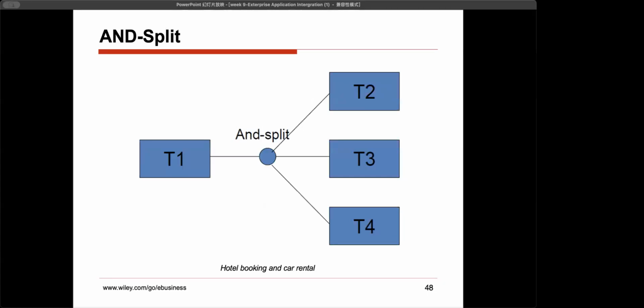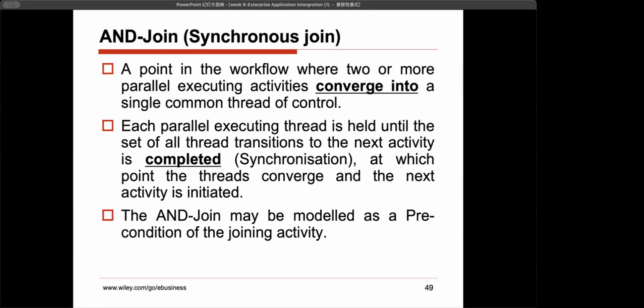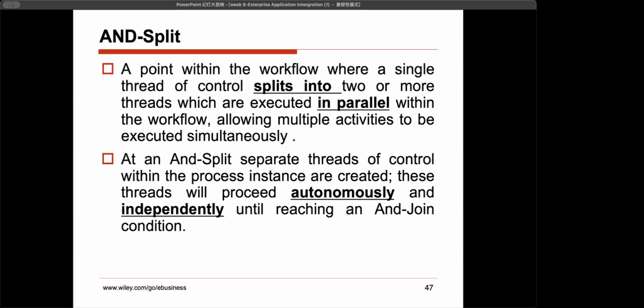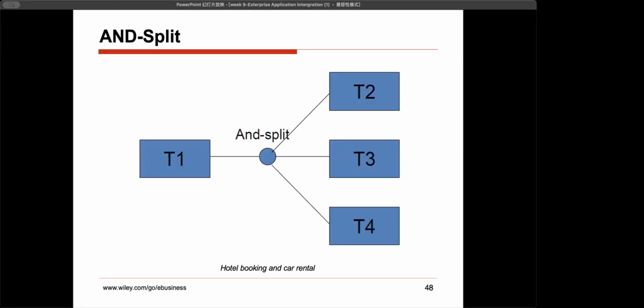We first split T1 into T2, T3, T4, into different components here. So this is the and split. Okay, a point within the workflow where a single thread of control splits into 2 or more threads. Okay, this is one. We split T1 into T2, T3, T4.